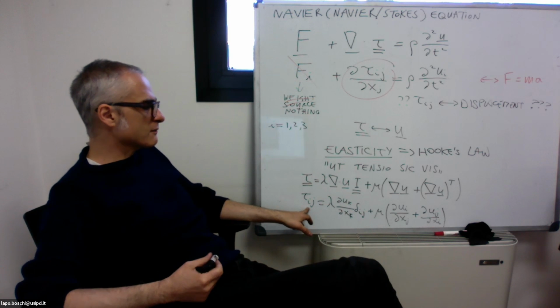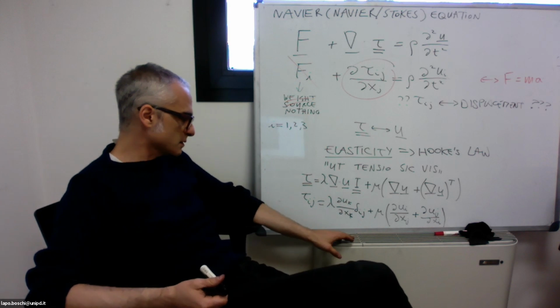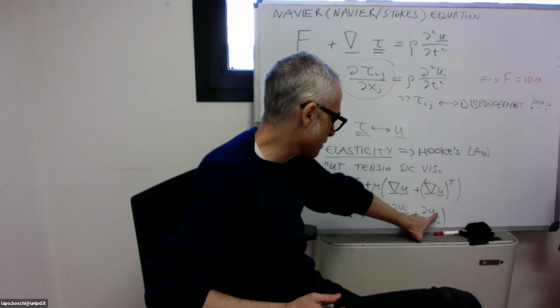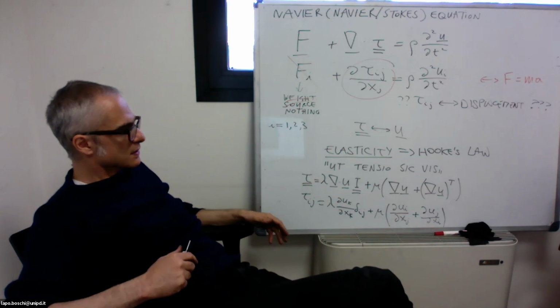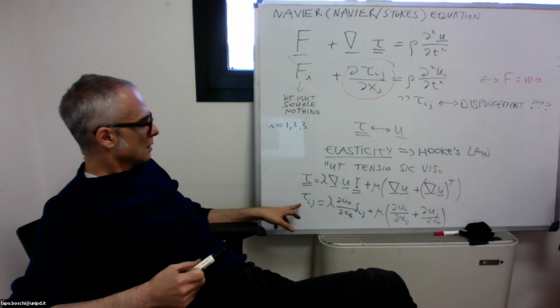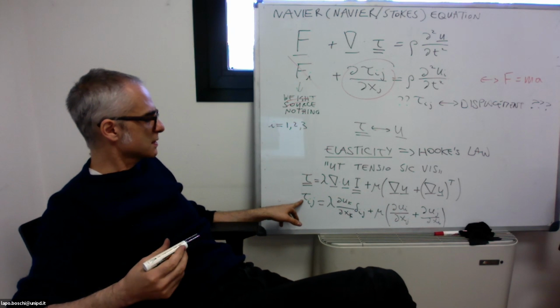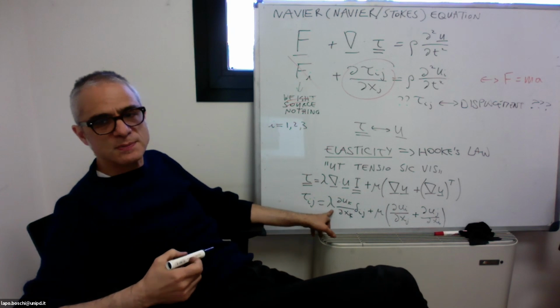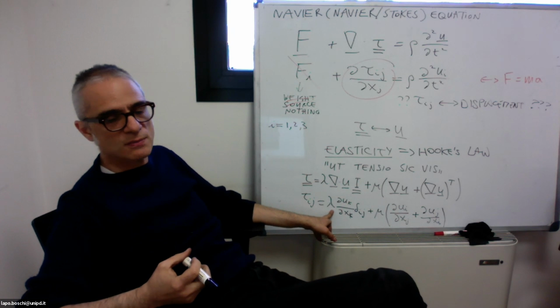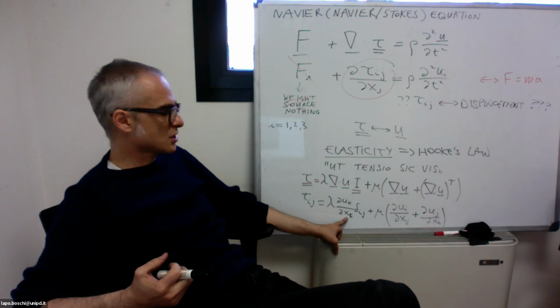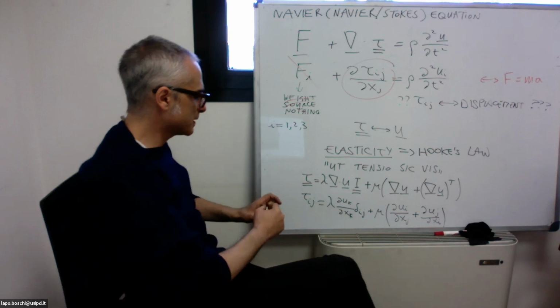So for a given deformation field, displacement field, for me, deformation and displacement are basically the same thing, okay? So for a given displacement field u, the stress that's caused by this displacement is given by a first parameter that can be determined experimentally, lambda, times the divergence, in Einstein's notation, where we are summing over the repeated index k.